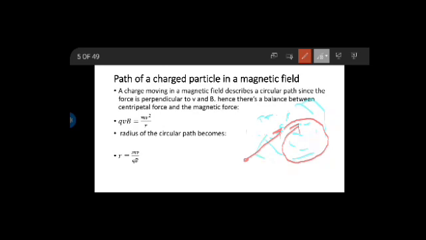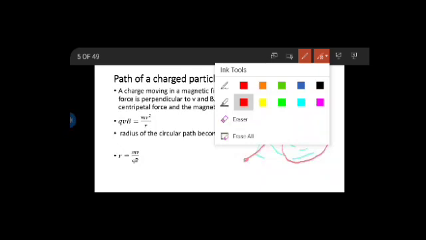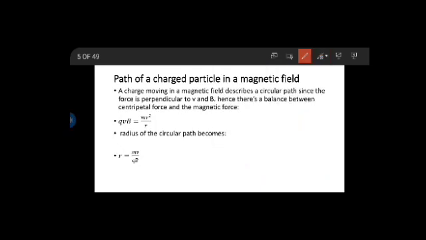So with that we can say that there is a balance between the magnetic force and the centripetal force, because centripetal force is the force that makes an object move in a circular path. So let's read. It says a charge moving in a magnetic field describes a circular path.